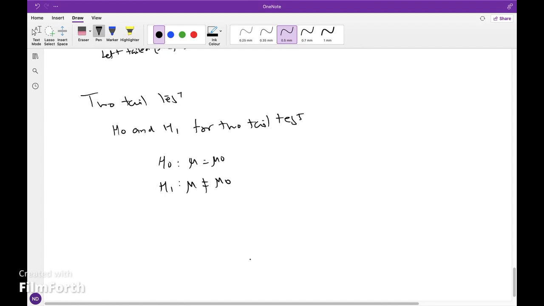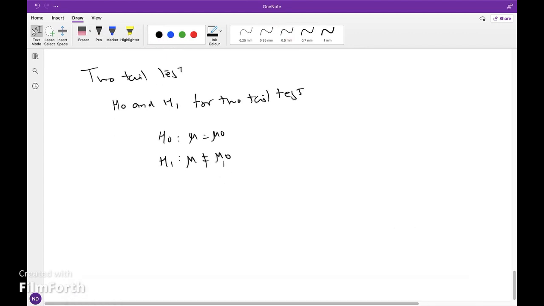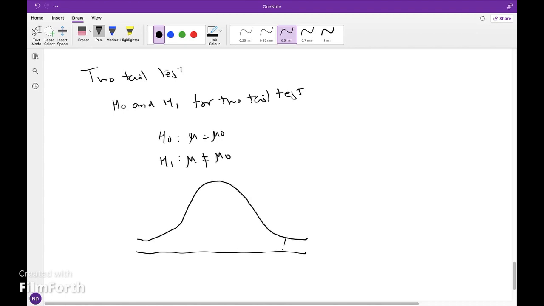In graphical representation, here this one, 95% acceptance region.